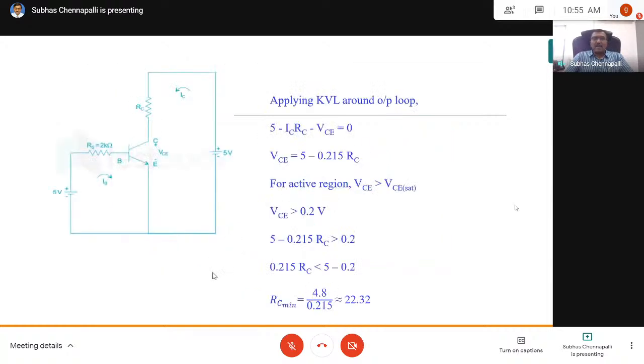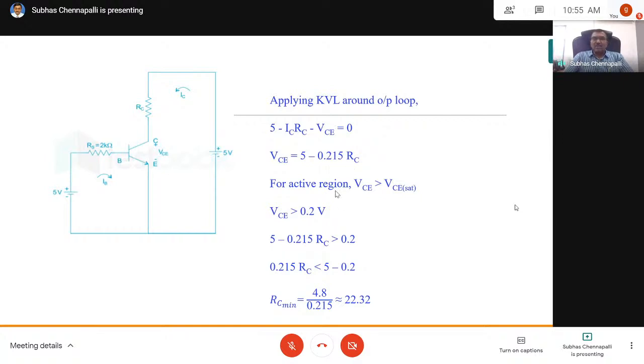Now apply KVL in the output circuit: 5 volts minus IC RC minus VCE is equal to 0. Then VCE becomes 5 minus 0.215 RC.